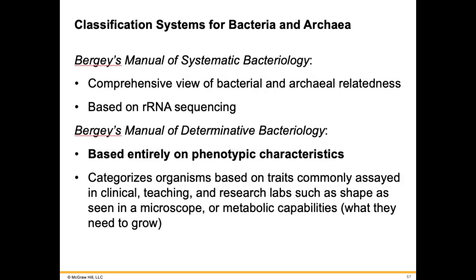It's a comprehensive view of bacterial and archaeal relatedness, and it's based on ribosomal RNA sequencing. Bergey's Manual of Determinative Bacteriology is based entirely on phenotypic characteristics. It categorizes organisms based on their traits, commonly assayed in clinical teaching and research labs, such as shape, seen in the microscope, or metabolic capabilities, what they need to grow.